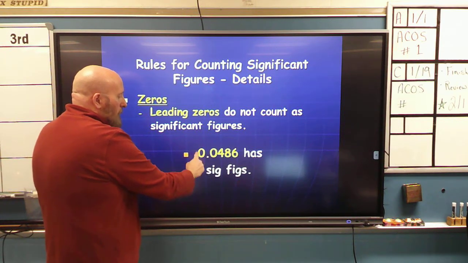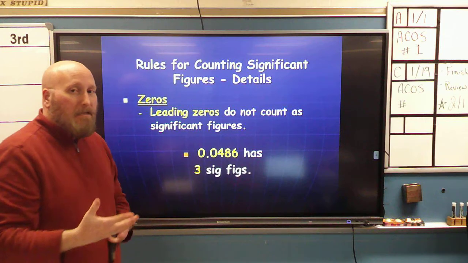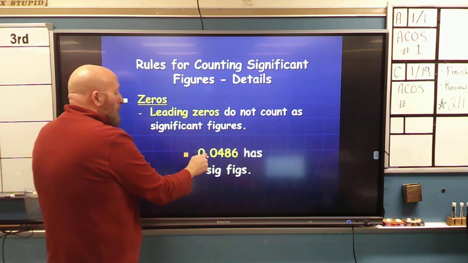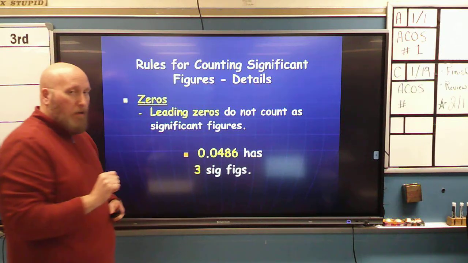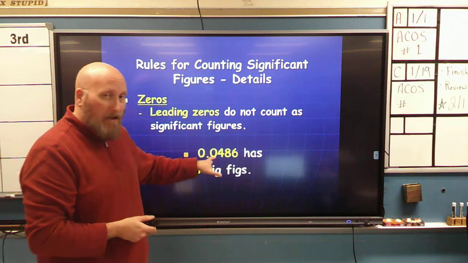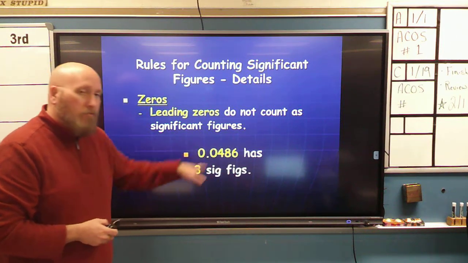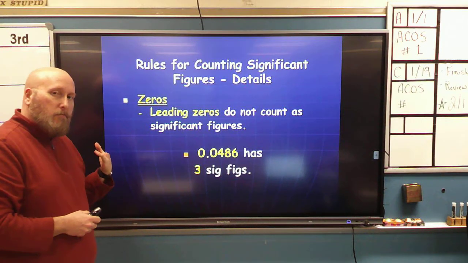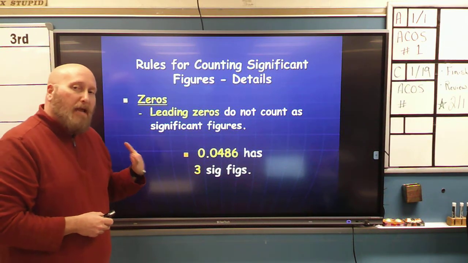So these 2 zeros right here aren't significant statistically or mathematically. They're just placeholders for that decimal point. Does that make sense? So they don't actually count. These 3 count, these 2 don't. So leading zeros in the front, on the left side of this number, they never count.